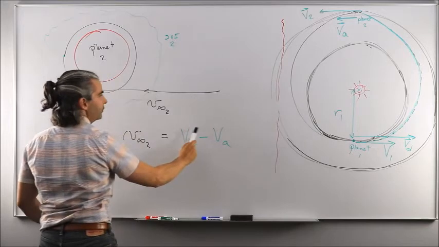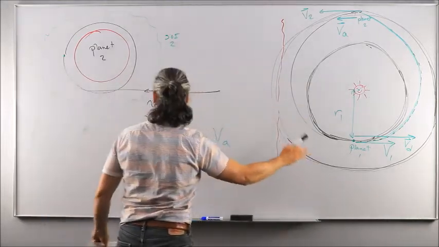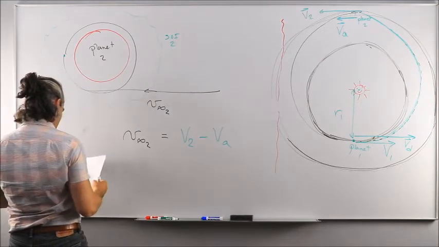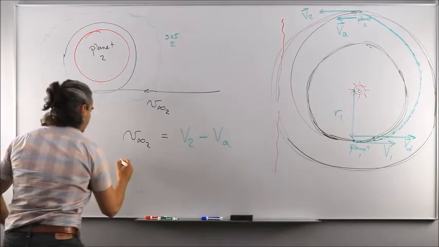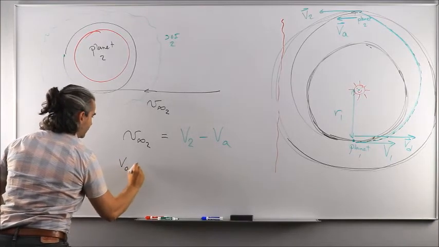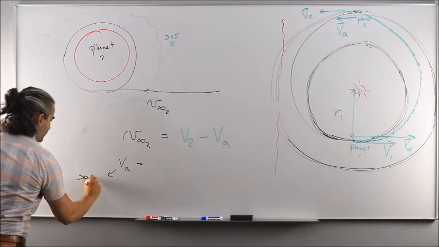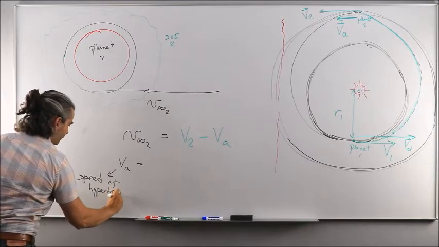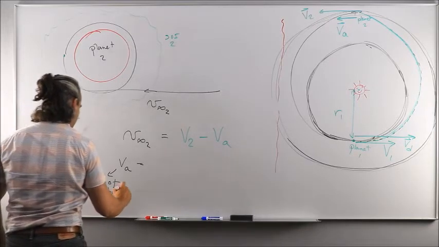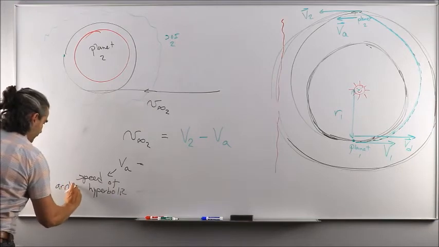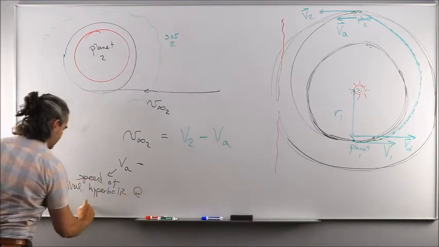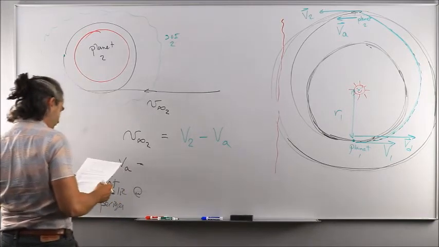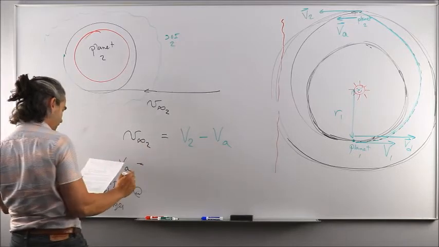So now that you've determined V2 and VA from this perspective, you go back to the planet and then get the speed, v_a, which is the speed of the hyperbolic trajectory of arrival, the hyperbolic trajectory at its perigee. And you'll remember that this could be related directly to V infinity.